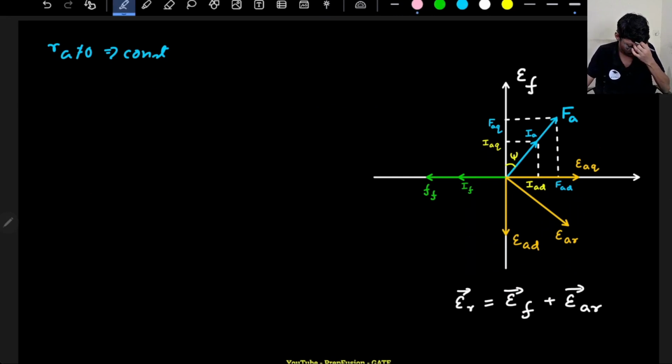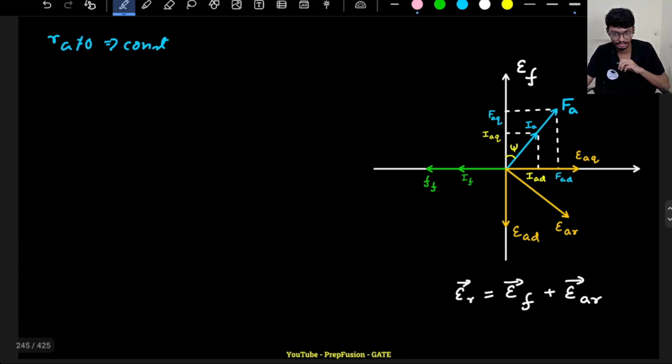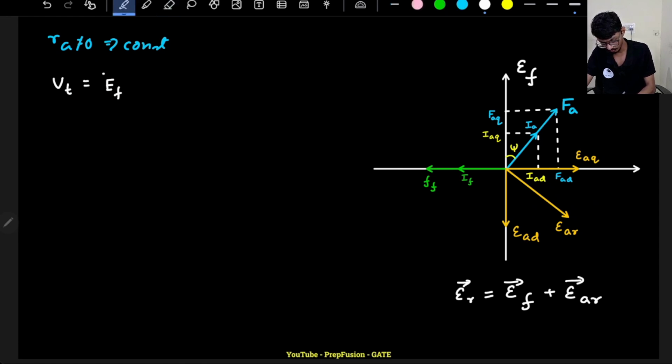Now let me draw the phasor diagram actually. But before drawing the phasor diagram, let me write the equation first. So what will be my Vt basically? Vt is equal to the EF vector minus I RA, this drop will be there no matter what, right?